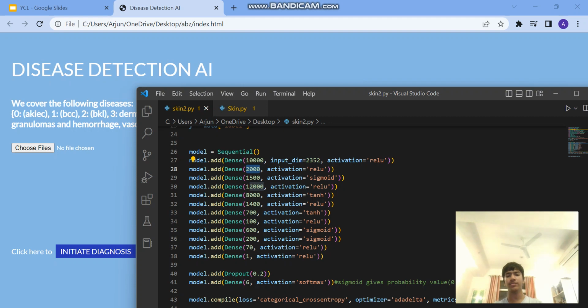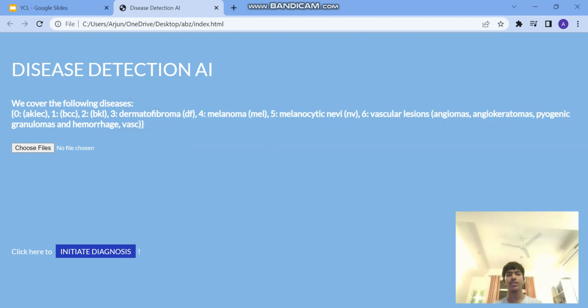So, as a result, we have actually changed a lot of metrics to our model, and we might have to go back to a convolution neural network instead of a normal neural network, because right now we were slightly overwhelmed by the sheer amount of images in our data set.